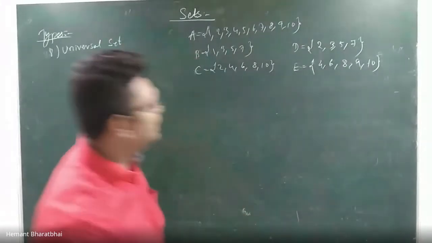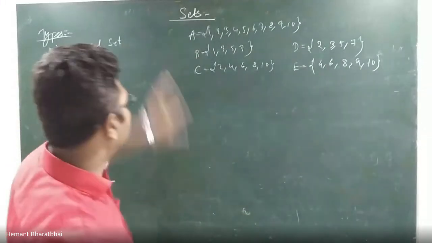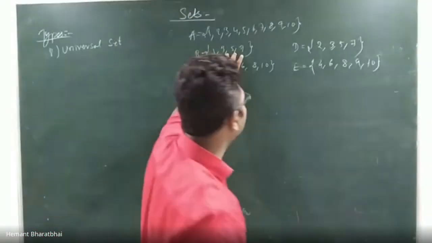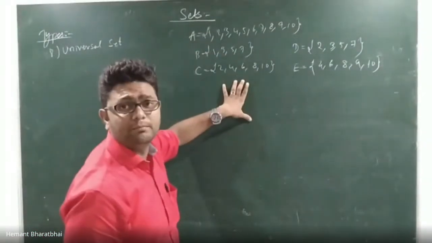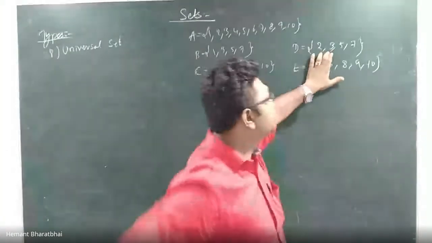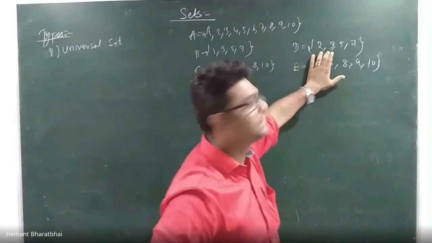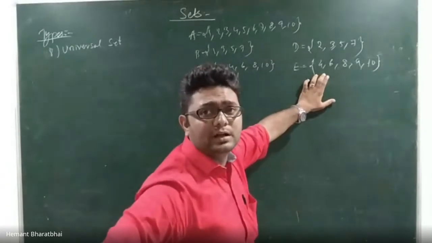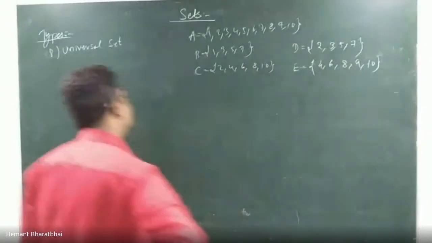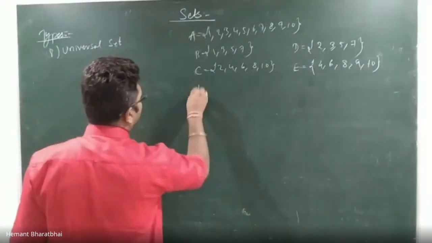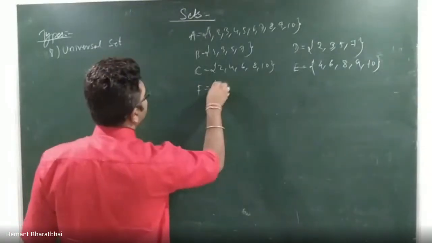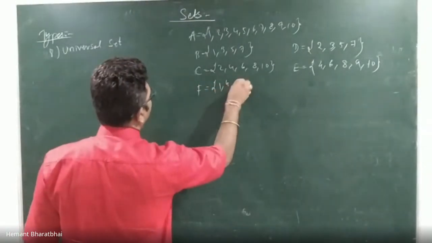So now if you see, I've written numbers 1 to 10. Then I've written these are odd numbers, these are even numbers, these are prime numbers, these are composite numbers. I can also write 1, 4, 9.